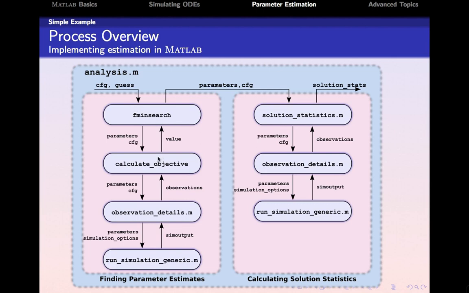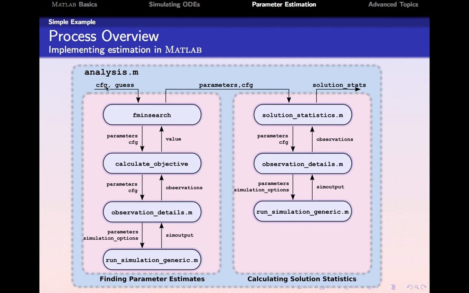This is going to call a function called calculate objective, which is a function that I've written. This is a function that you should not have to edit yourself, so you shouldn't have to change this. Calculate objective is going to send a set of parameters and a variable that you're going to create in analysis called cfg. So cfg is going to contain all the components associated with managing your analysis.